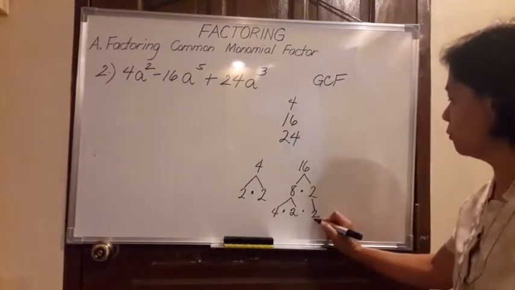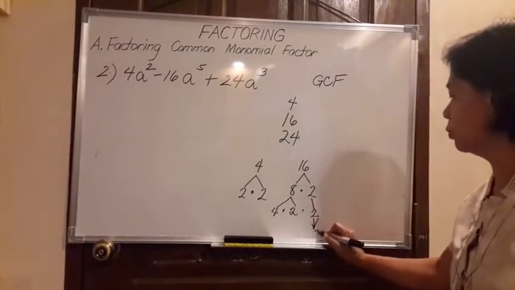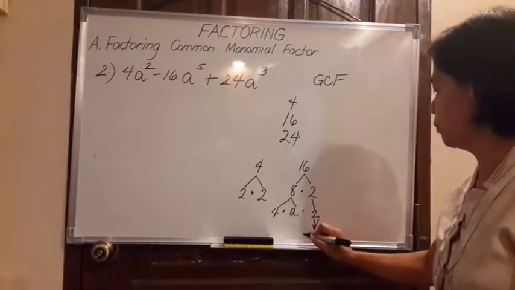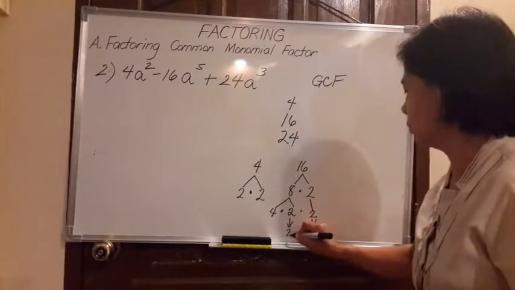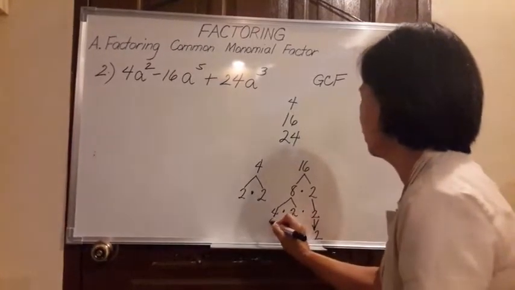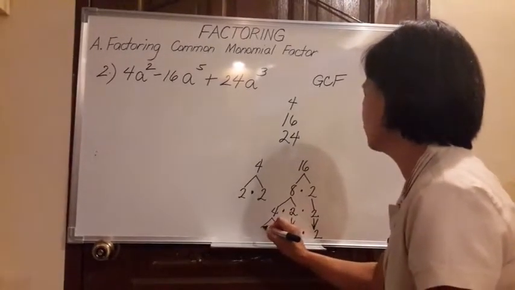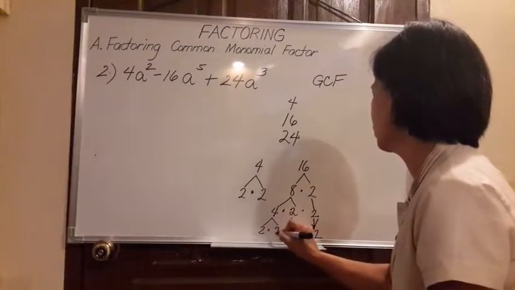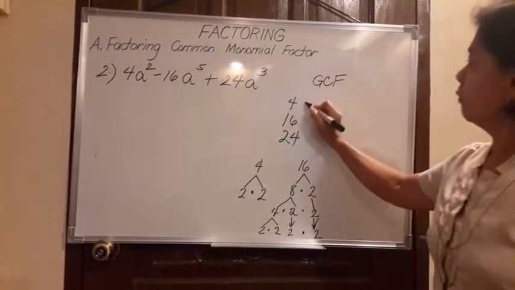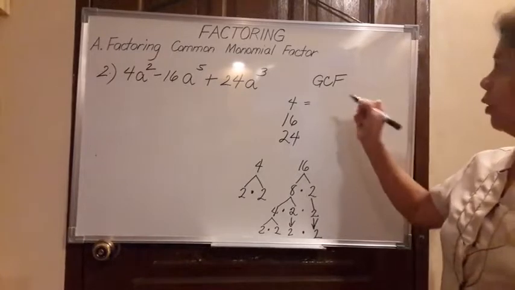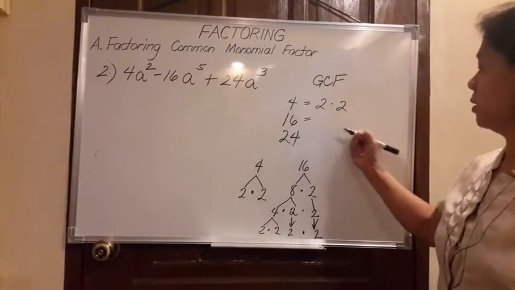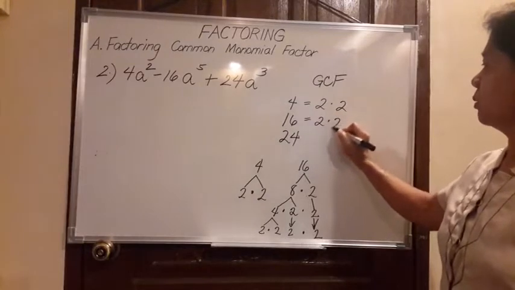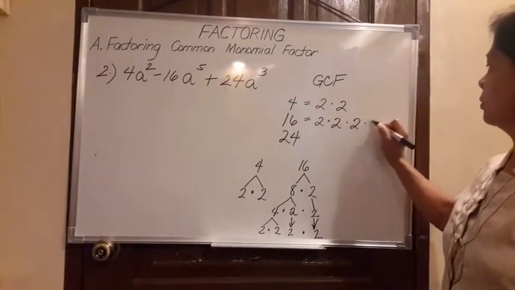Then again, bring down 2, then another 2. And then for 4, we have 2 times 2. Okay. So for the prime factorization of 4, we have 2 times 2. And for 16, we have 2 times 2 times 2 times 2.